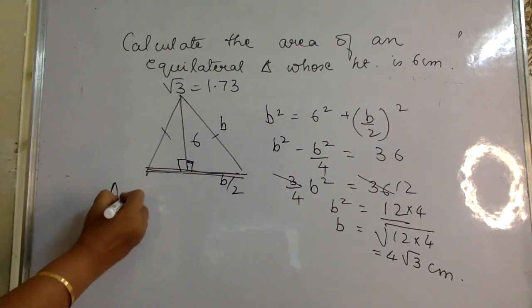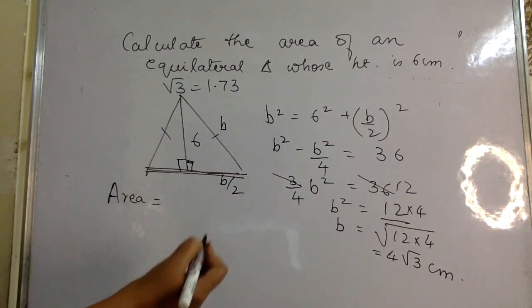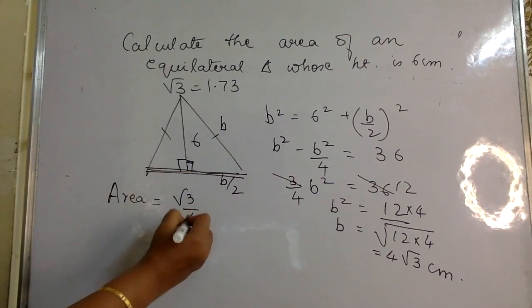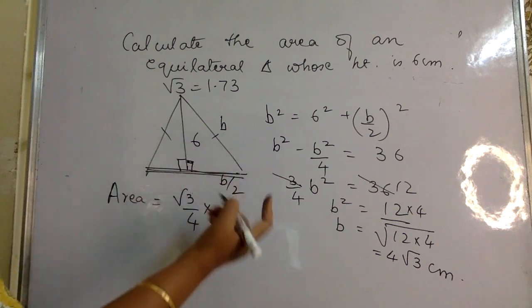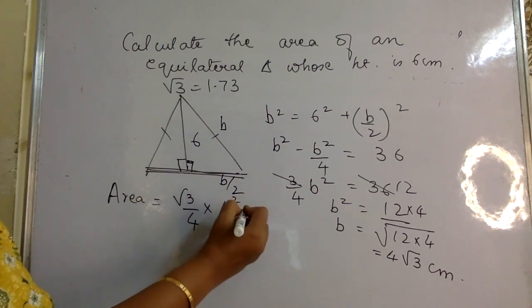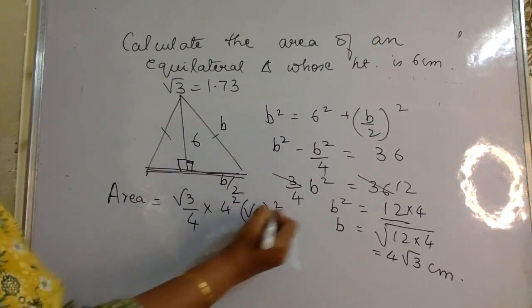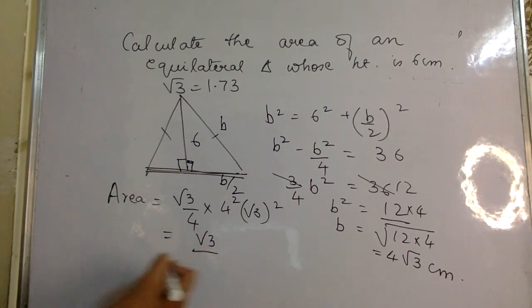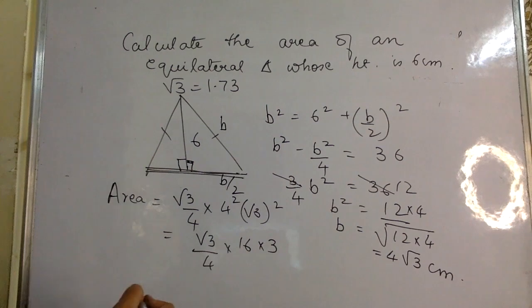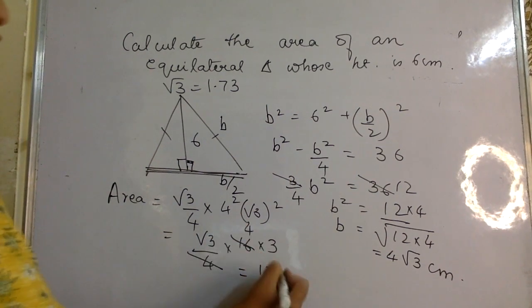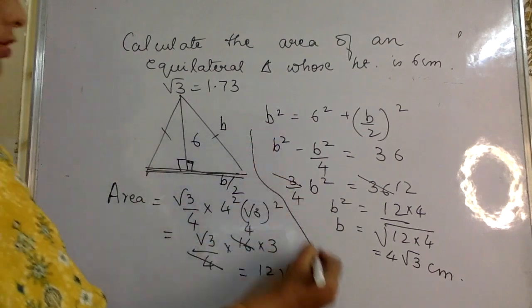Then area is equal to root 3 by 4 into b square this time because b is the side. So 4 square and root 3 square, that is root 3 by 4 into 16 into 3, isn't it? So cut this 4. So this becomes 12 root 3. Do you notice?